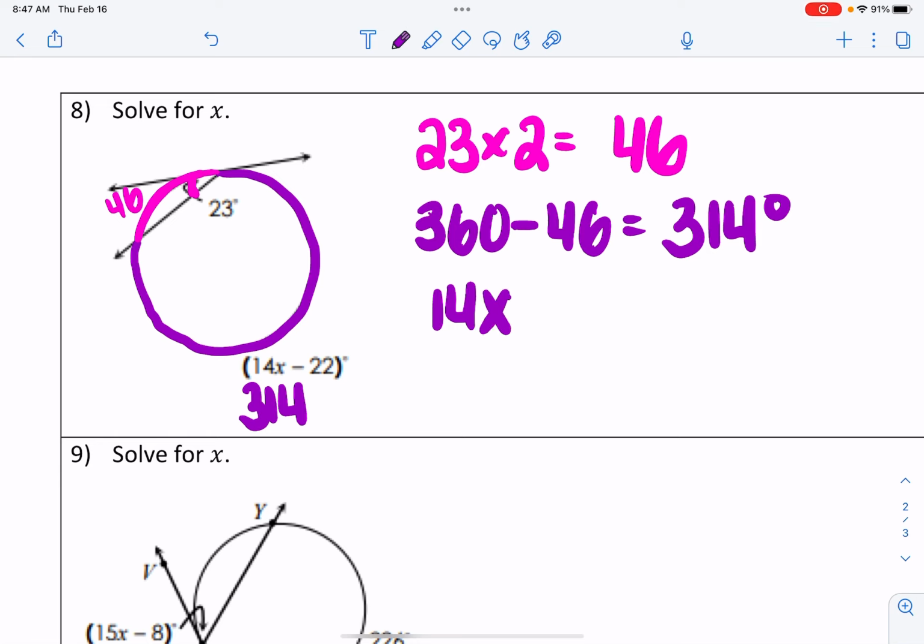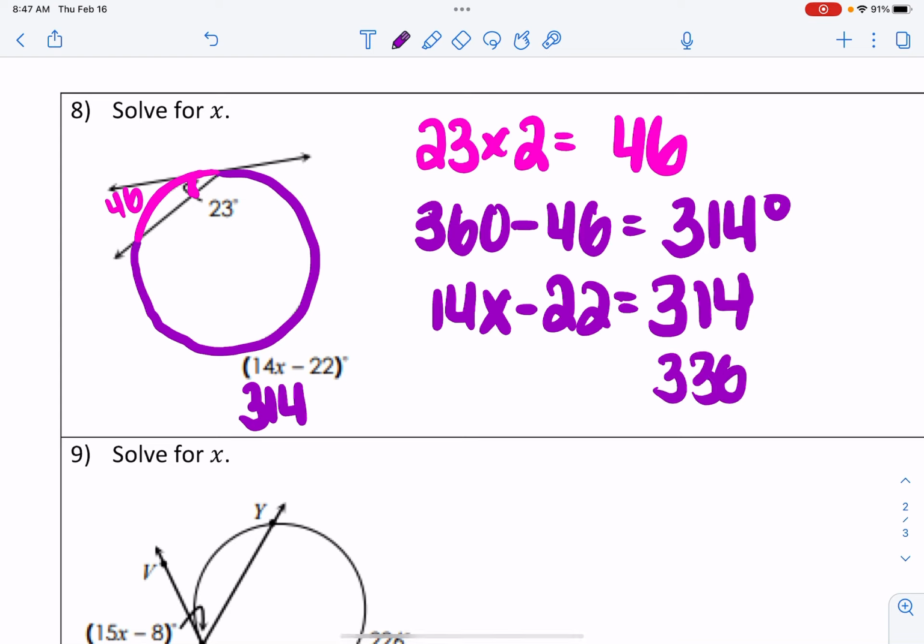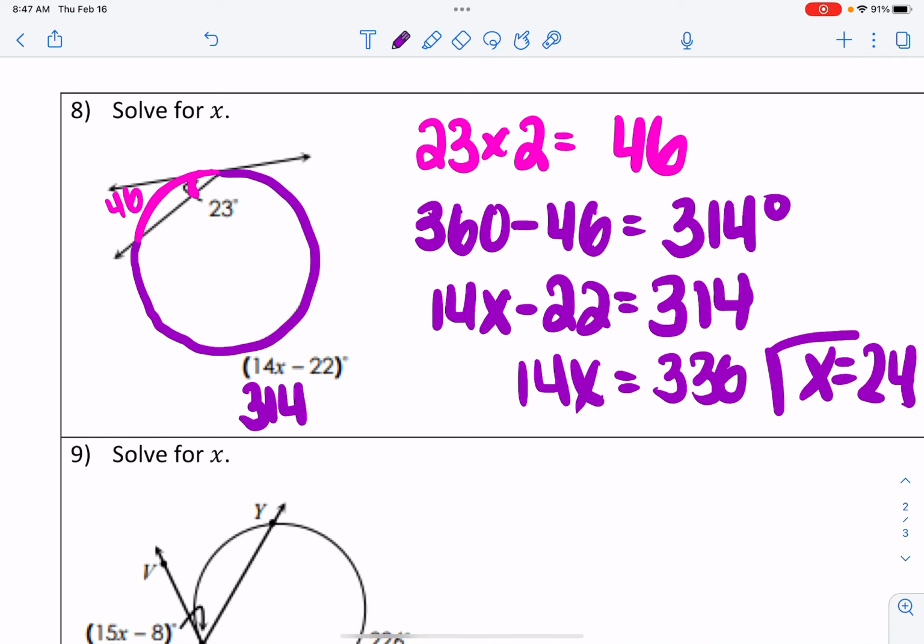And you're going to get 14x minus 22 equals 314. Okay, solve for x, add 22 to both sides, you get 336 equals 14x. And then divide by 14, you're going to get x is 24.